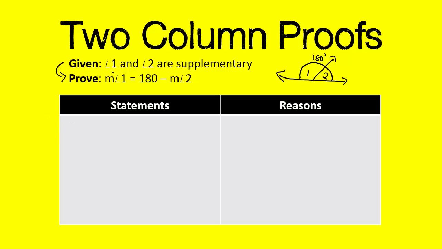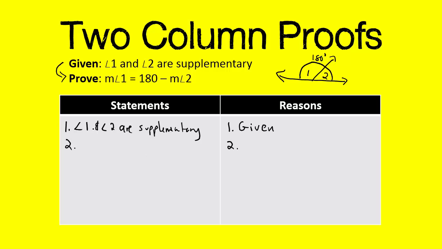So let me first start off with the given information. Here it says angle 1 and angle 2 are supplementary. And the reason I'm going to write is because it was given to me. Now next is step 2. So looking at step 1, I know supplementary means two angles whose measures add up to 180 degrees.